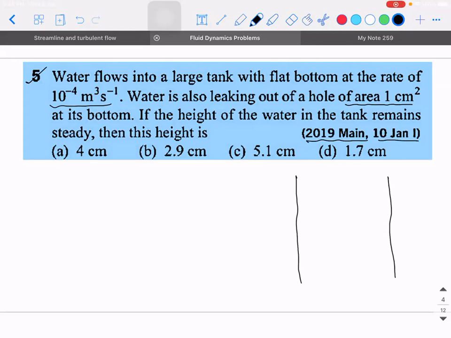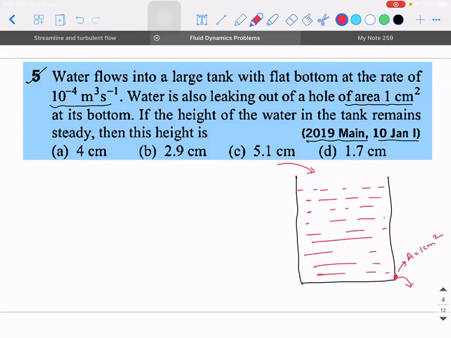There is a large tank, and the large tank has a small hole at the bottom. And the area of this hole is how much? Area is 1 centimeter square. Liquid is coming out of it, and there is water falling into this also at some rate.